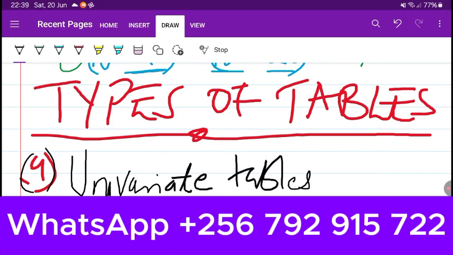Of course, these univariate tables are just tables that are used to describe the attributes or the characteristic of only one variable.